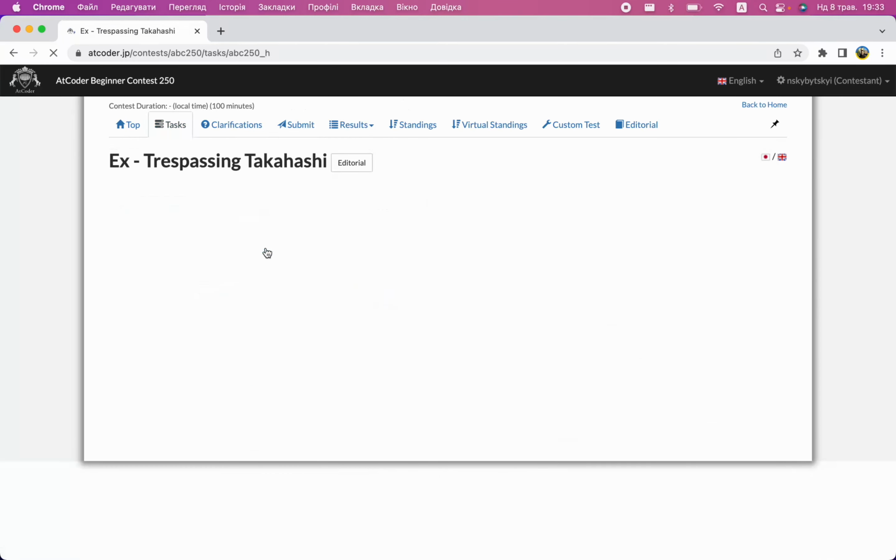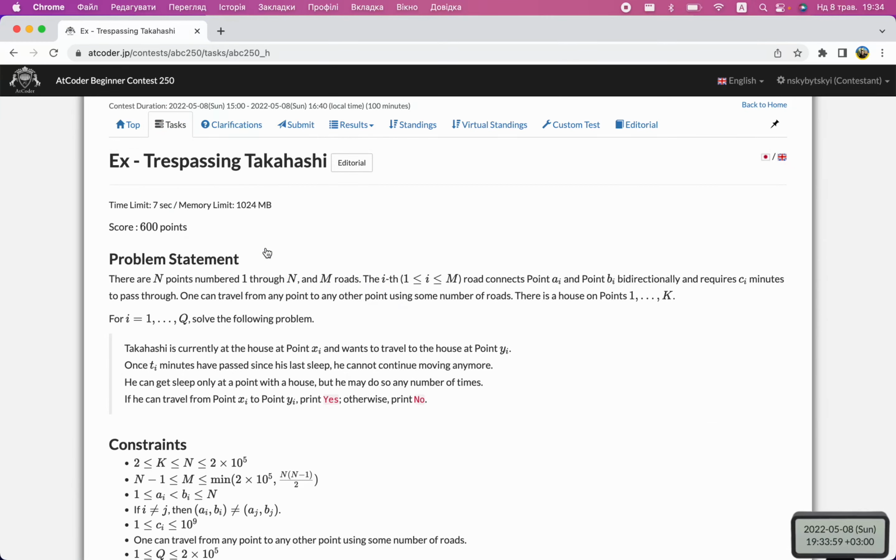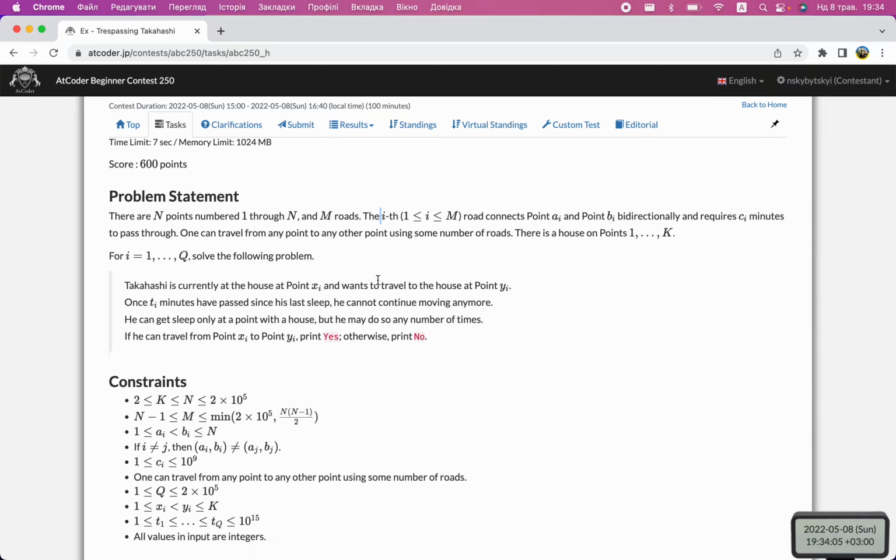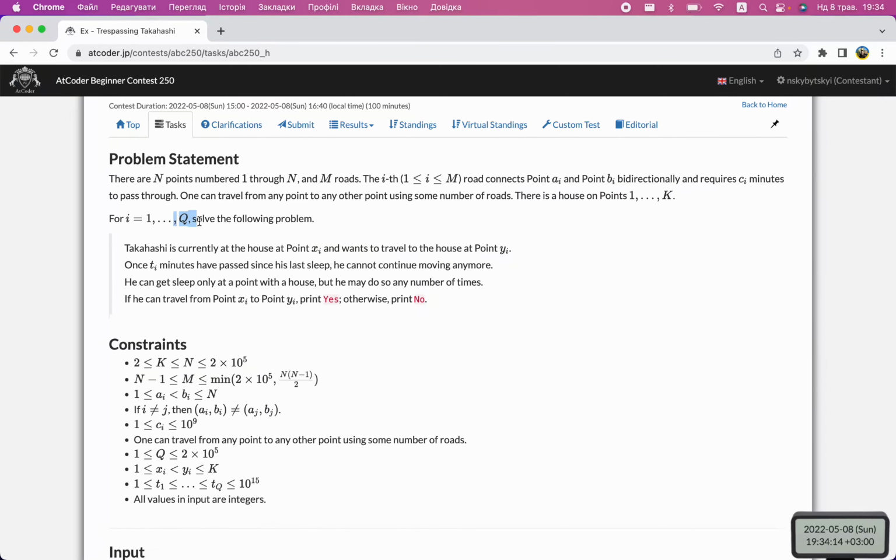In problem H, we had an undirected weighted graph, and some of points were special. First k points were special, and we needed to solve several queries. So we were given 2 special points, and we wanted to check if we can travel from one special point to another with a certain condition.